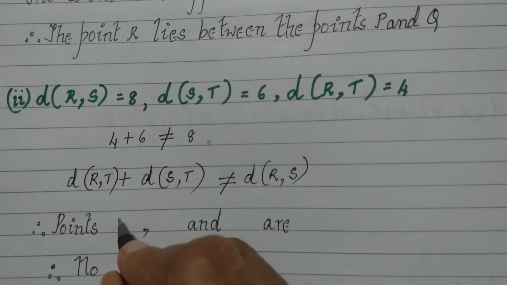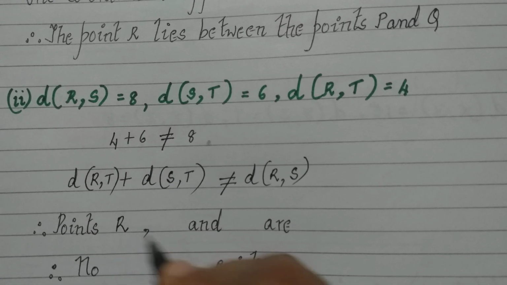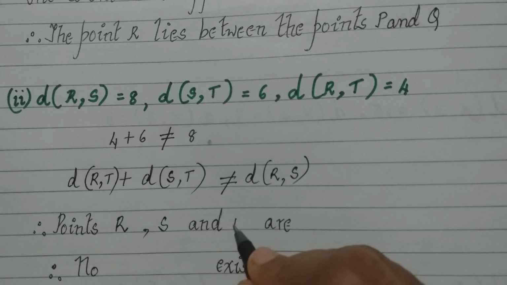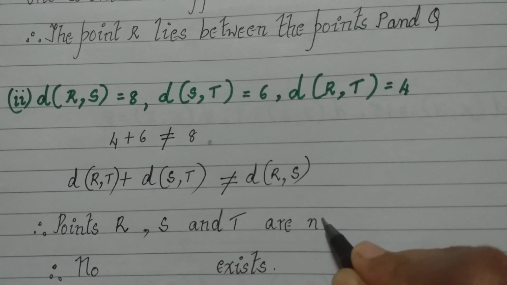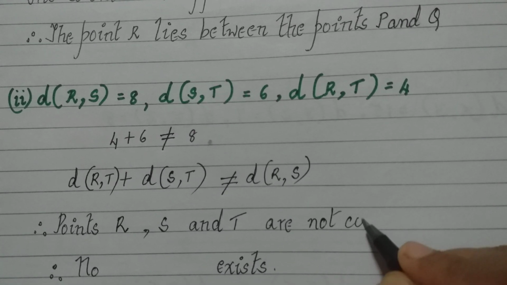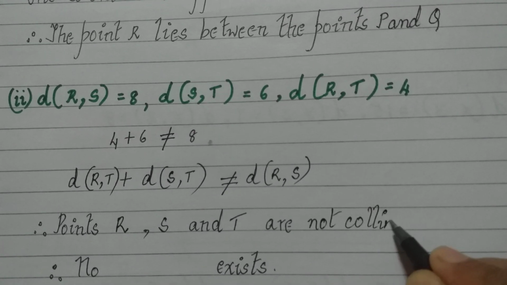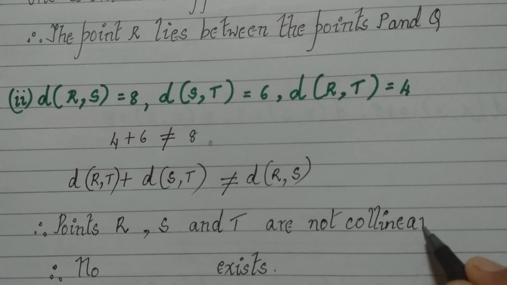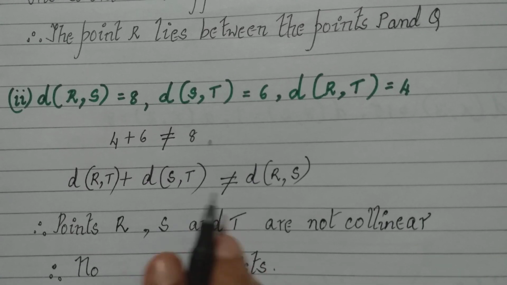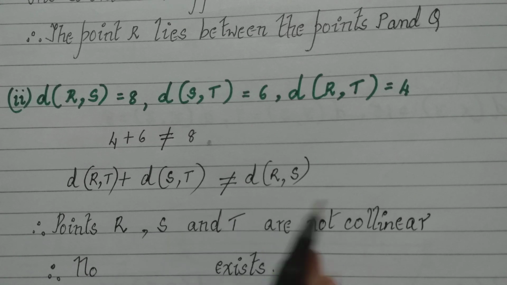So we write here points R, S and T are not collinear.